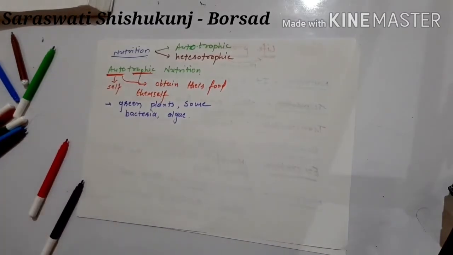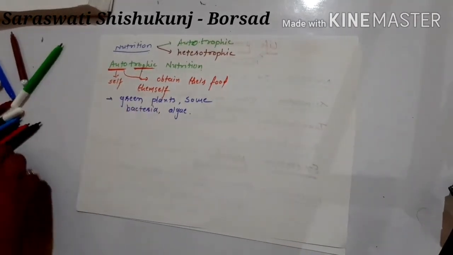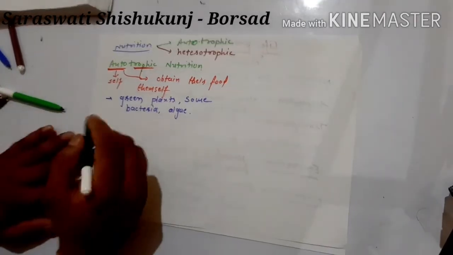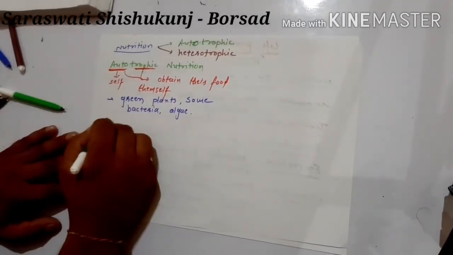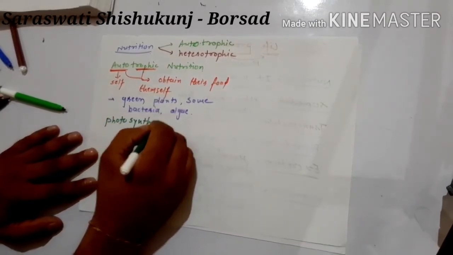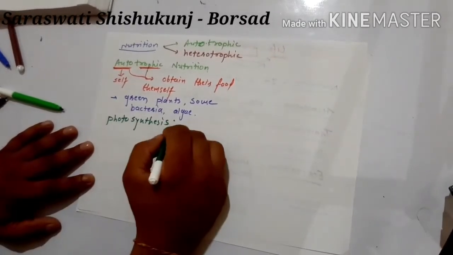They will be the examples of autotrophic mode of nutrition. See, in this autotrophic mode of nutrition, what happens? In presence of sunlight, there will be a process done that is called photosynthesis.